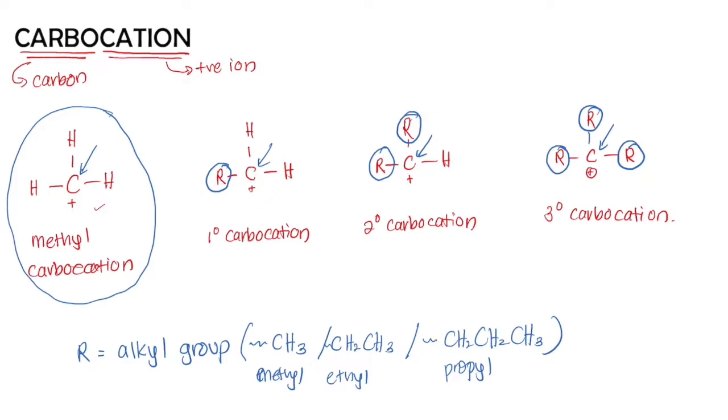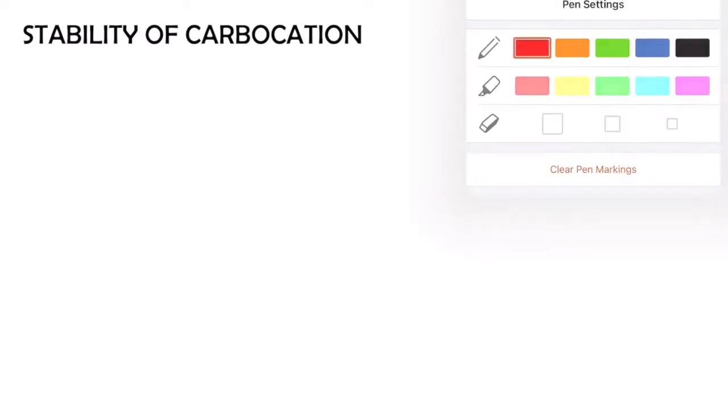Now let's take a look at the stability. In terms of stability of carbocation, the most stable carbocation, if you ask me, is the tertiary carbocation.